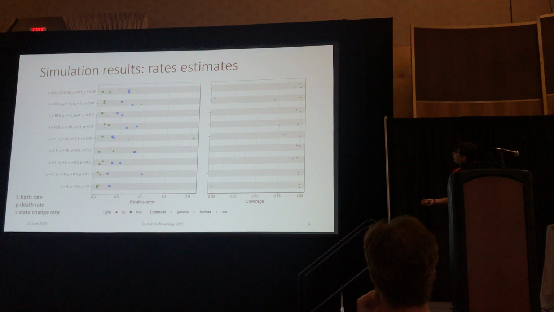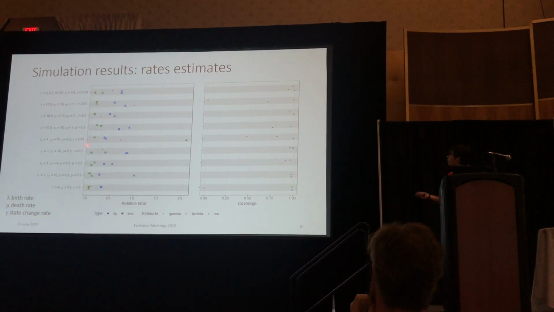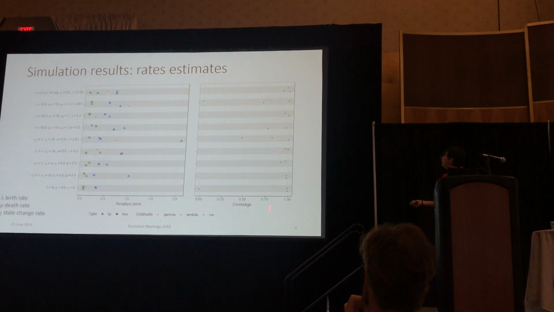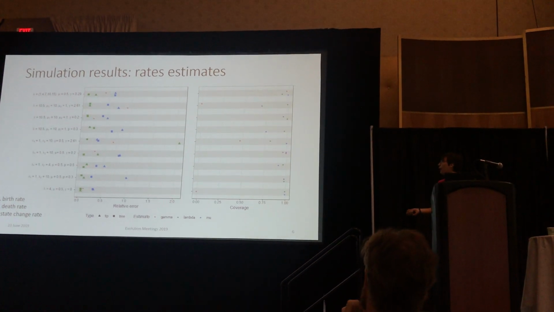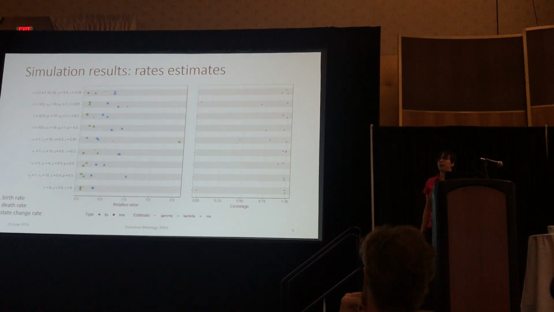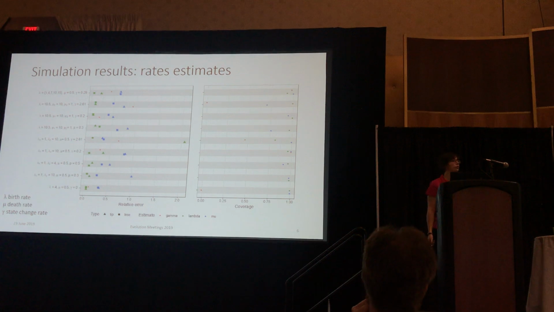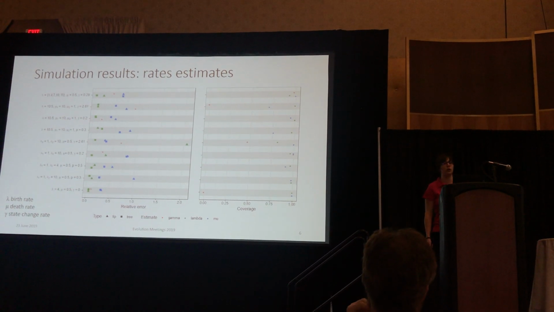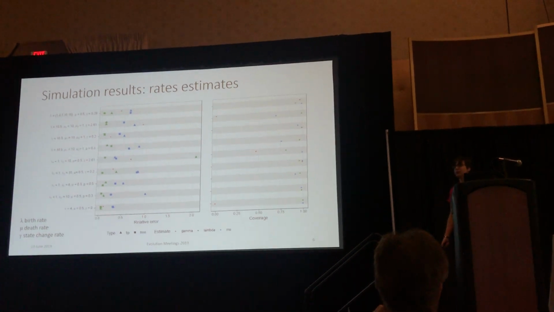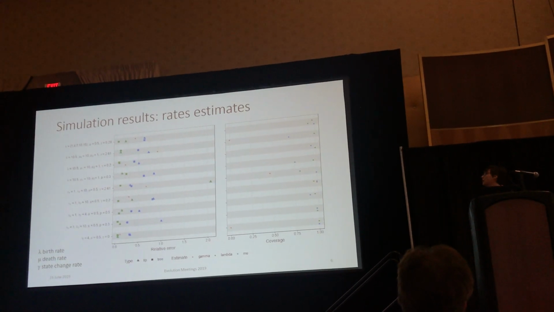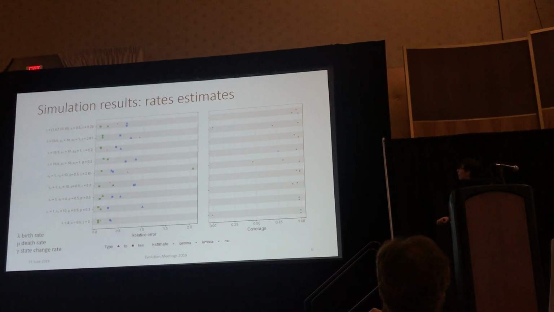We can see that overall on the birth rate, sampling in those simulated datasets, and extinction rate is quite famously difficult to estimate on these. So that's probably one element.